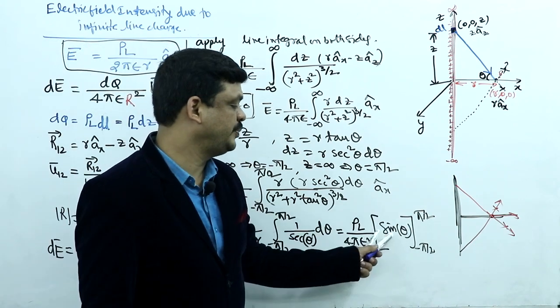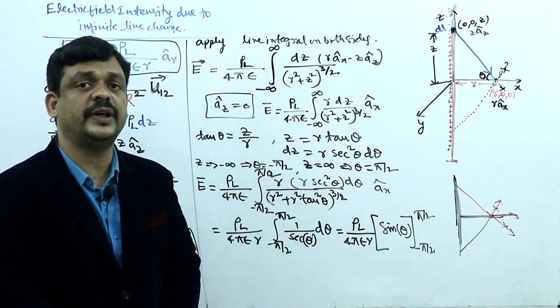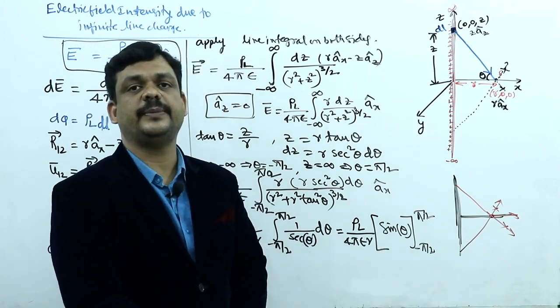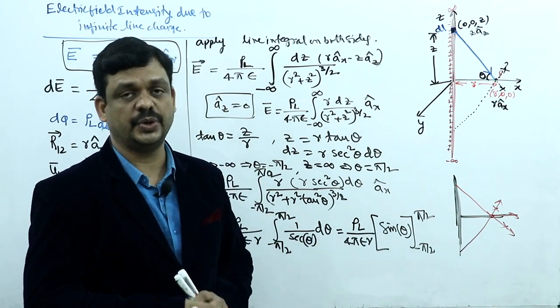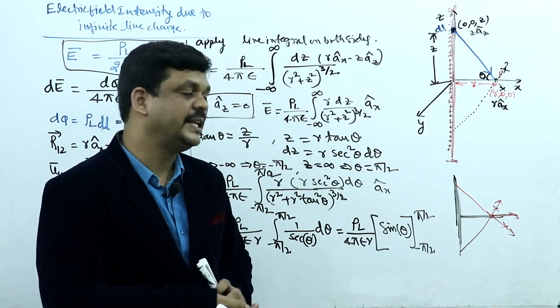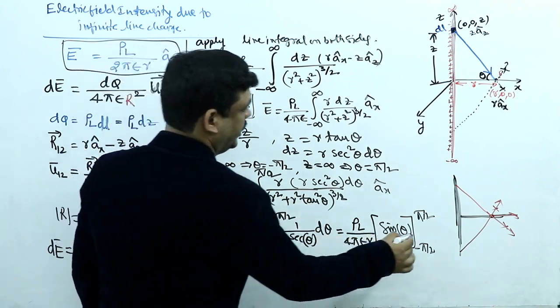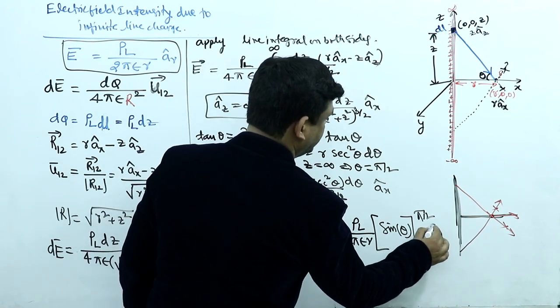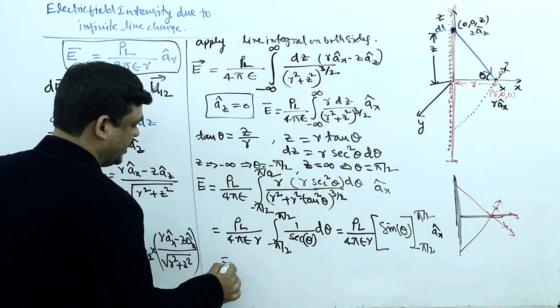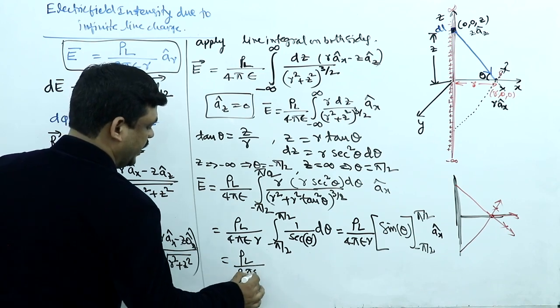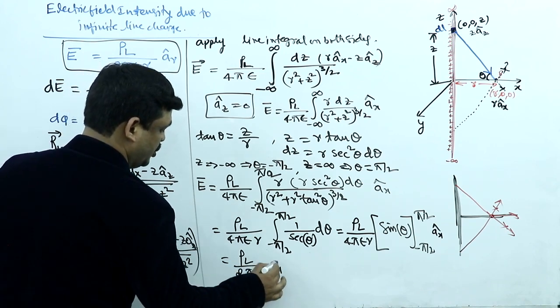So plus pi by 2 substituted here, sin pi by 2 value is 1, minus sin of minus pi by 2, which is minus 1. So 1 minus of minus 1 becomes 2, then the 2 cancels. Write the direction as it is. Finally it becomes rho L by 2 pi epsilon r with ax direction.